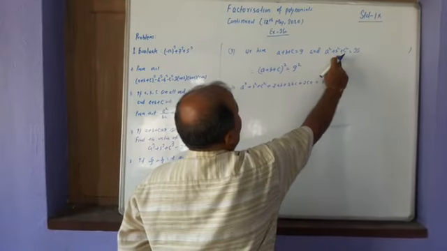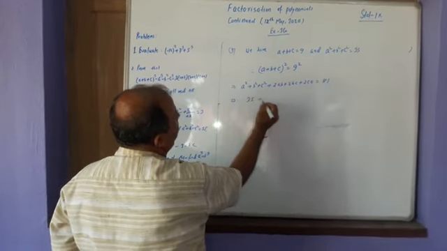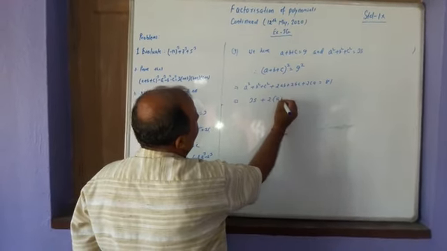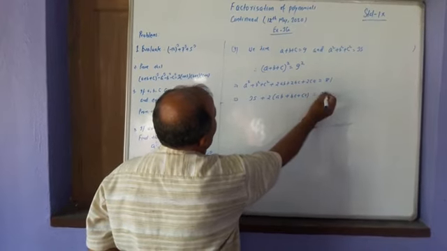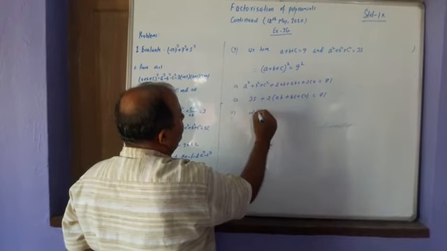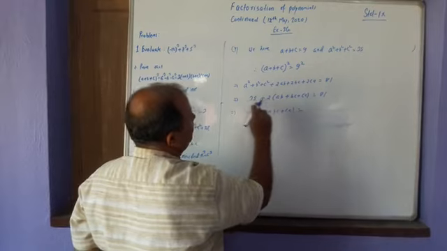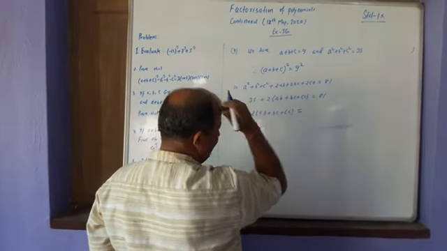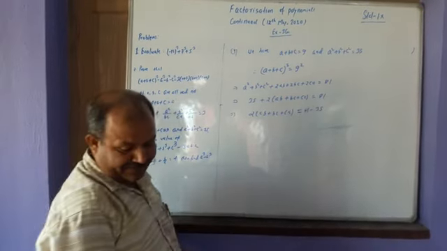Here A square plus B square plus C square is equal to 35. Now we take 2 as common in these three terms. We are left with AB plus BC plus CA is equal to 81, which implies 2 into AB plus BC plus CA. This plus 35 will be taken on the right hand side and it will become minus 35.